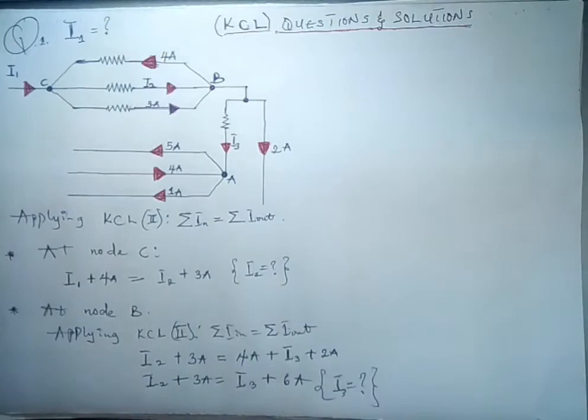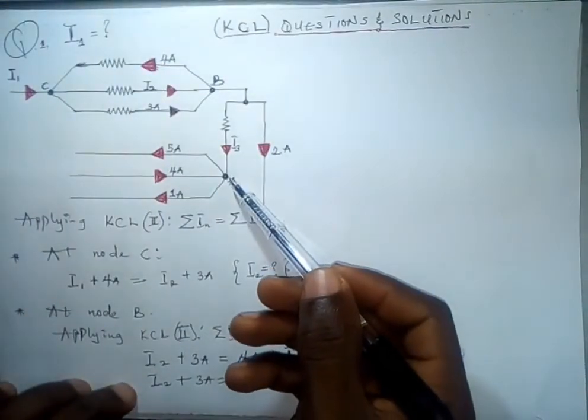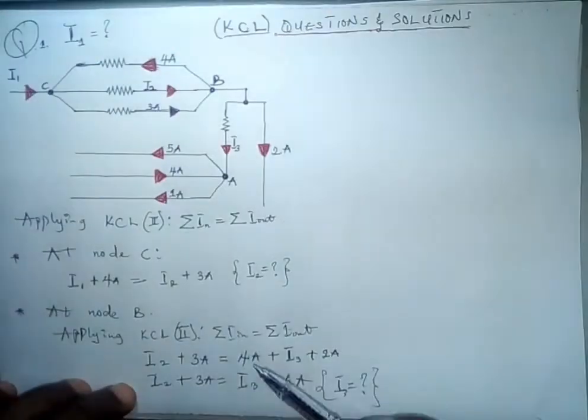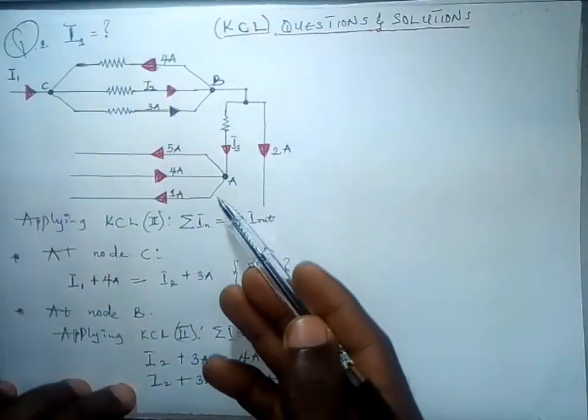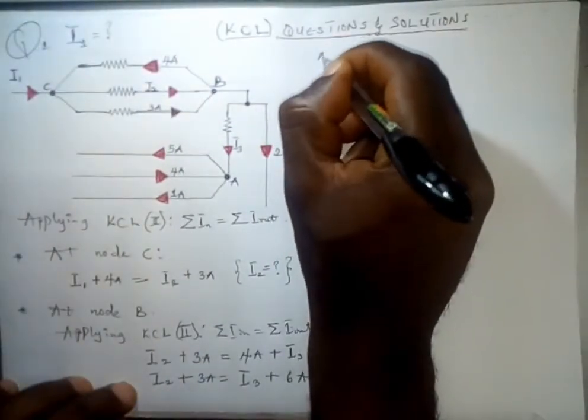Now we are moving further to another node, which is node A. I think node A should be able to produce the answer to what we are looking for, so that we can get what we are finding from the beginning. Let's continue from here.